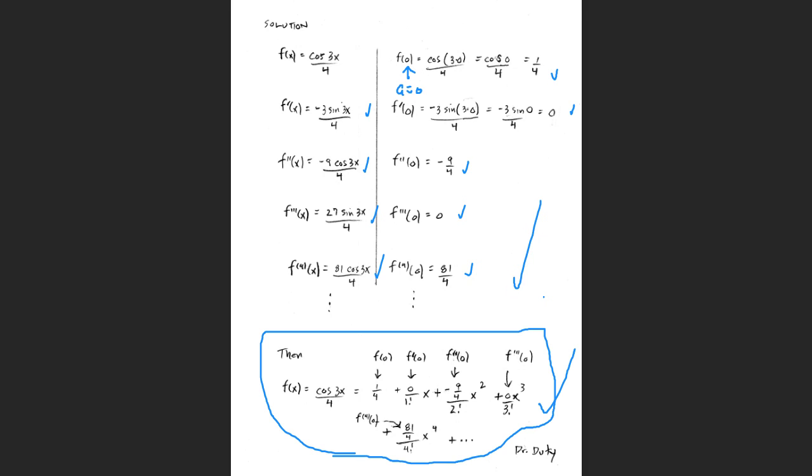So let me just see here. F of 0 is 1. F prime of 0 is 0. F double prime of 0 is negative 9/4, and so forth. Okay, so you just construct the series.